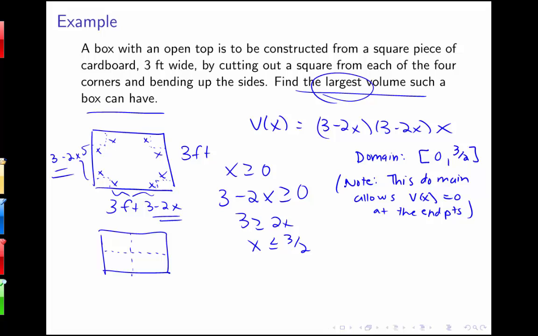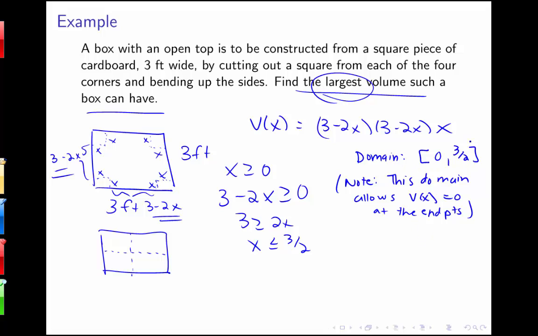In other words, if you wanted to restrict the volume and say the volume has to be positive, it can't be 0, then you would use an open interval. But we're going to choose a closed interval here. I think this is also an appropriate choice to just say the volume has to be greater than or equal to 0.